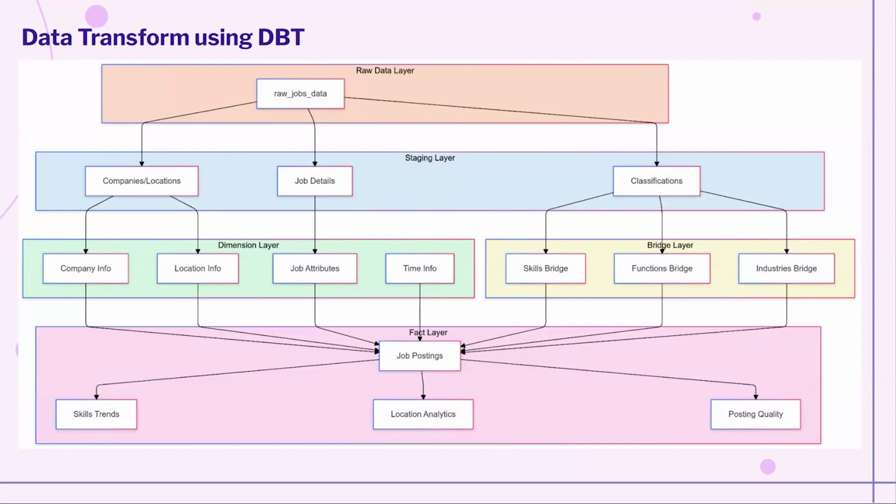More specifically, we use a bridge layer to handle many-to-many relationships. And finally, we get the final fact tables. I also added 3 fact tables for specific jobs on skill change, location analysis, and post quality. Next page, please.